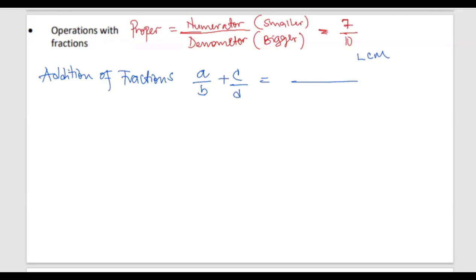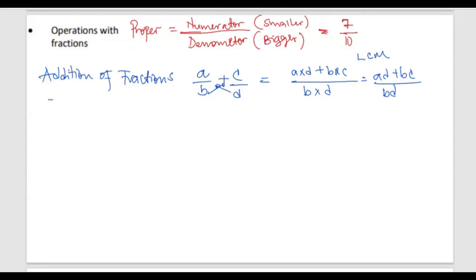So in simple terms, it will be B times D. The D will multiply with the A plus the B will multiply with the C. And you will get your answer, AD plus BC over BD.